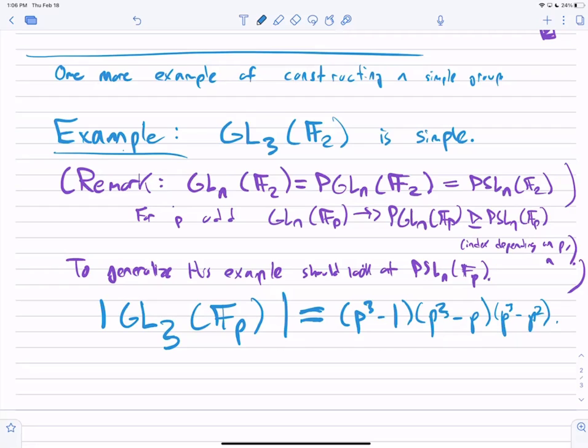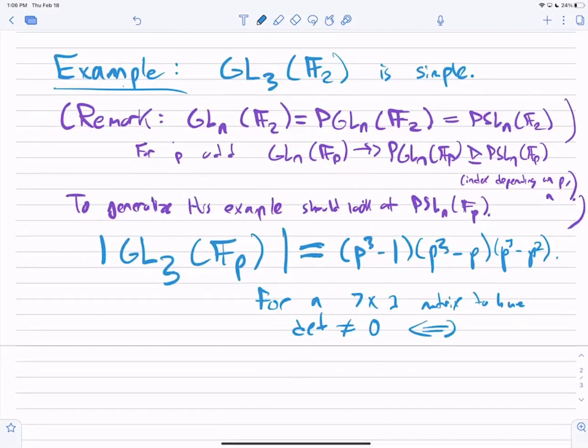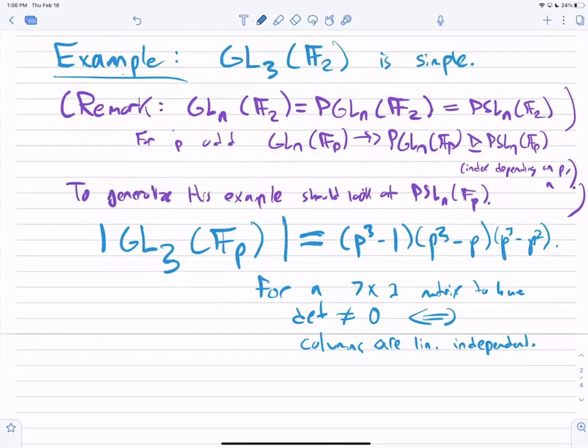For a 3x3 matrix to have determinant not equal to 0, it's the same as saying the columns are linearly independent. And so you can just pick the columns one at a time, left to right. For the first column, you want to pick something that can be completed to a linearly independent set of vectors.